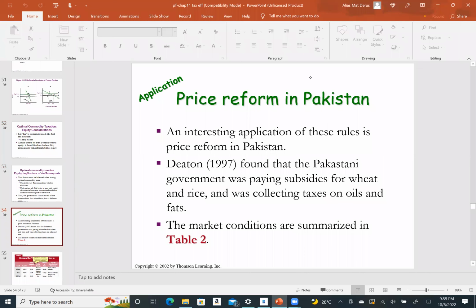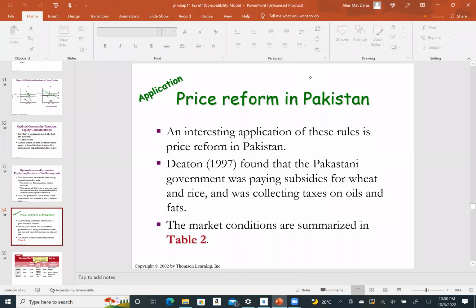Price reform, Pakistan. It's an application of what we just learned today. In Pakistan, they wanted to do some reform on taxation. They call it price reform, because the government is paying subsidy and also collecting taxes.